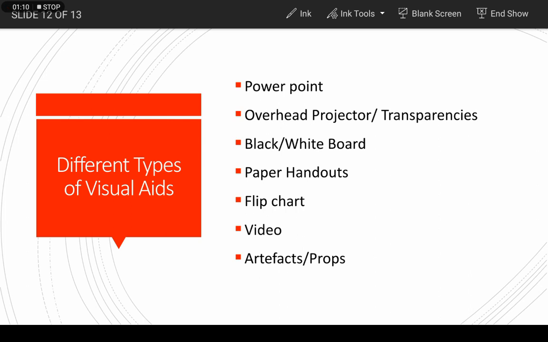The general principles: we need to follow some do's and don'ts for our PowerPoint. Use a big font. Minimum it should be 20. Don't make it so small that people cannot read it clearly. Use animations when appropriate.